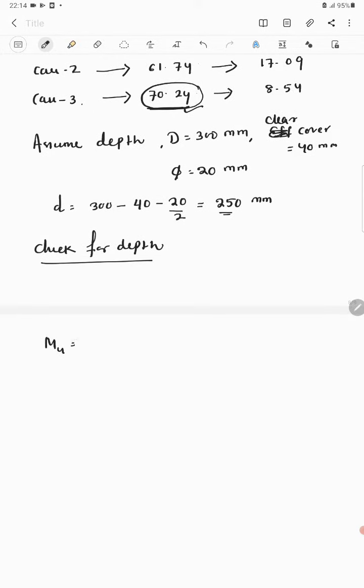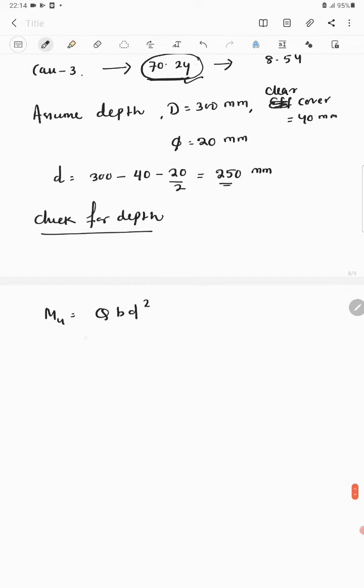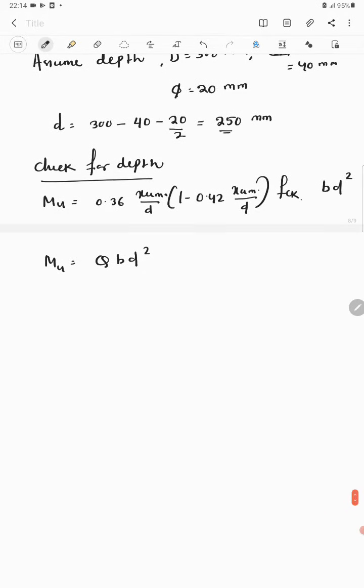Mu is equal to QBD square. Q is 0.36 XU max by D into 1 minus 0.42 XU max by D into FCK. So you can calculate this Q value. For Fe 415, the Q value will be 3.45.